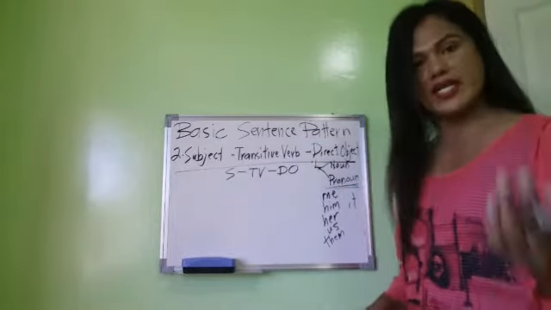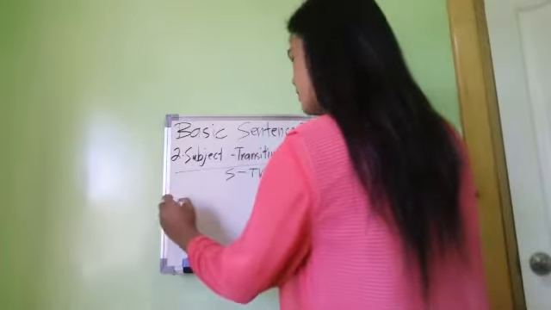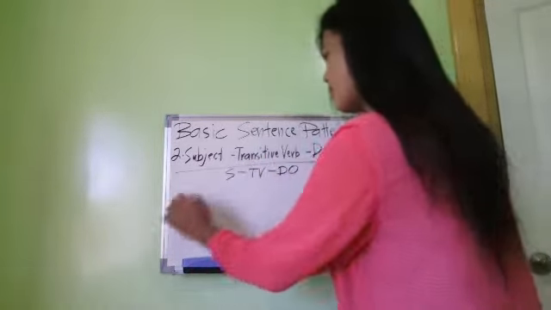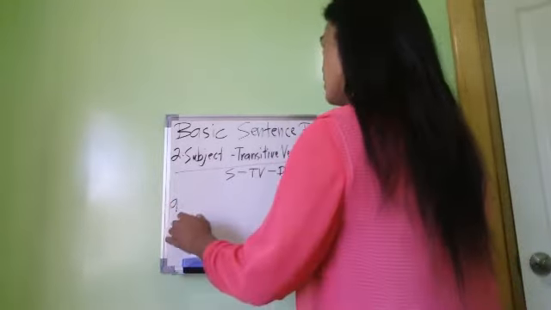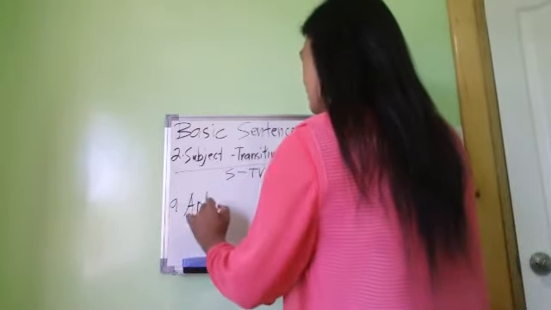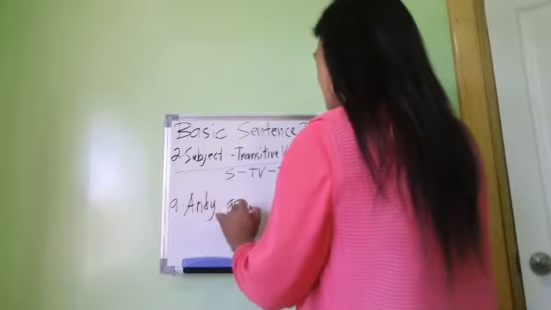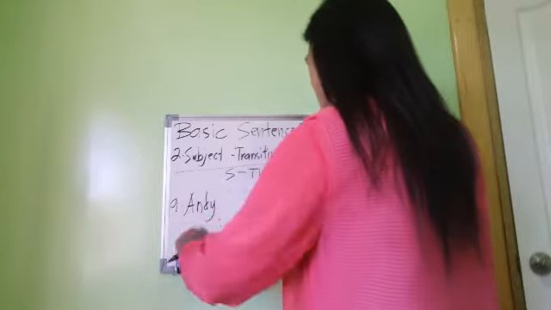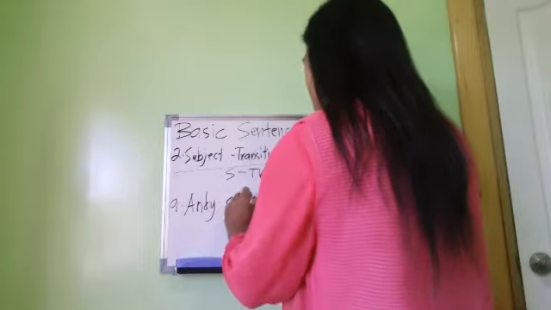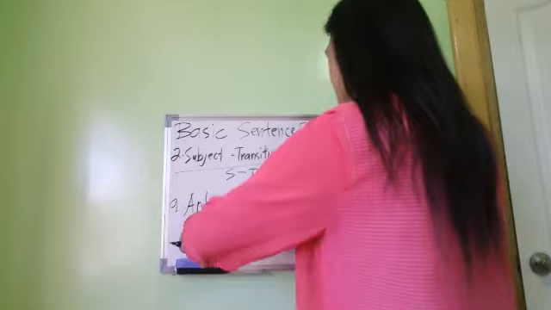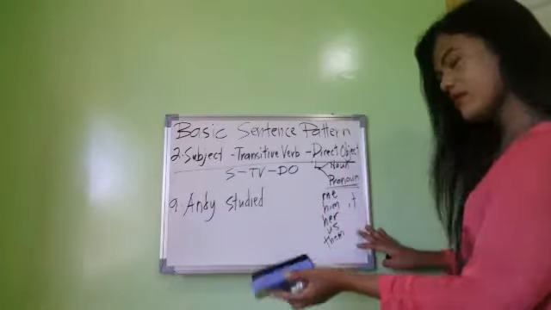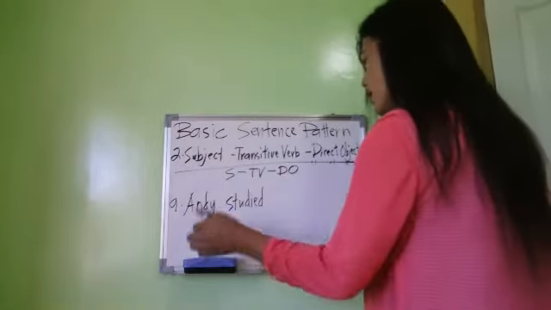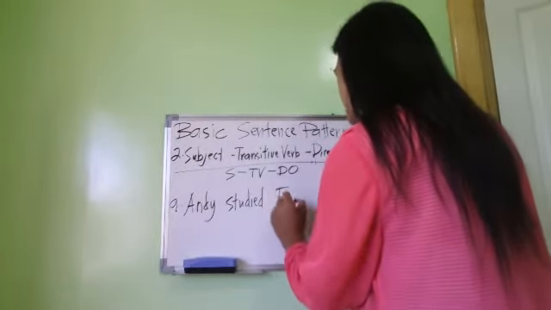Okay, so I'm gonna give you an example of what a subject, transitive verb, and then direct object is. Okay, so Andy studied English.